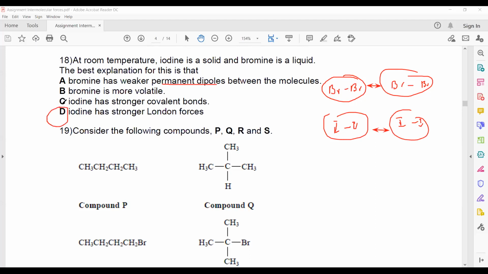Because it has stronger London forces, or dipole induced dipole force, or weak van der Waals force. The reason is that iodine has more electrons. That's why, for group 7, fluorine, chlorine, bromine, and iodine, as we go down in this series, we observe the boiling point will increase. Is it clear?